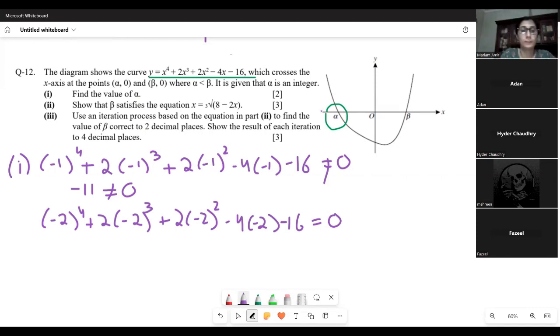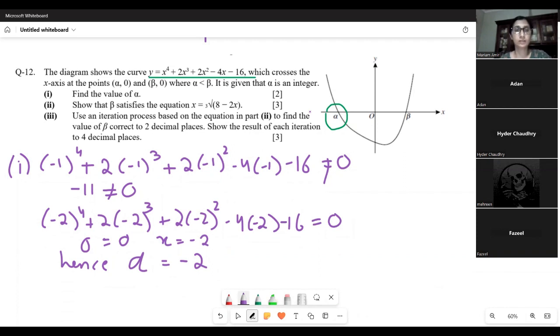Yeah, we get 0. 0 is equals to 0. Hence, the first root is alpha equals -2. Okay. Or x is equals to -2. So alpha is equals to -2. Okay.